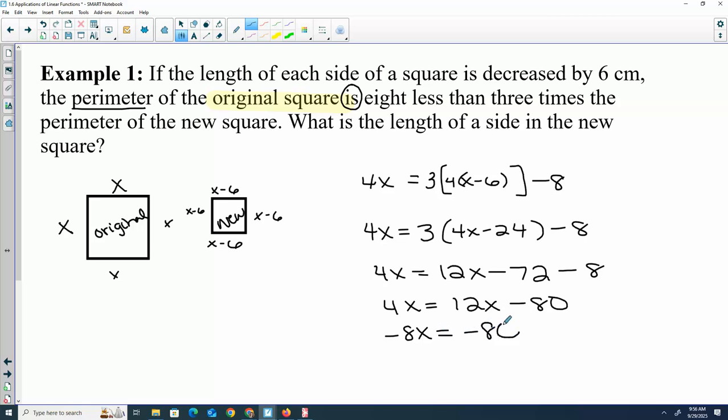X is negative 80 divided by negative 8, so x is 10.